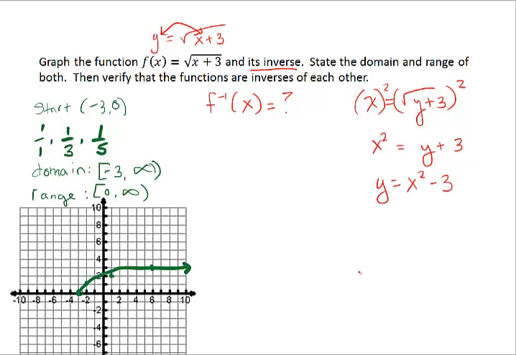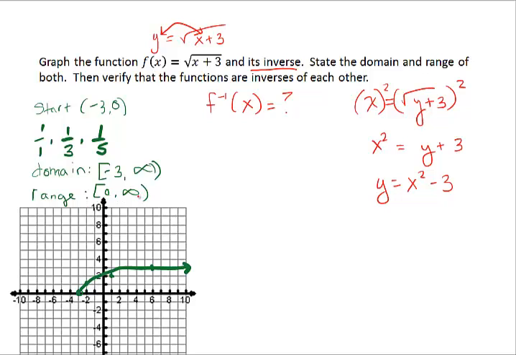Okay. For this, I want to take a look here. My original function here had the square root of y plus 3. This input here has to do with y, and our y's have to do with our range. So notice our range here was from 0 to infinity.